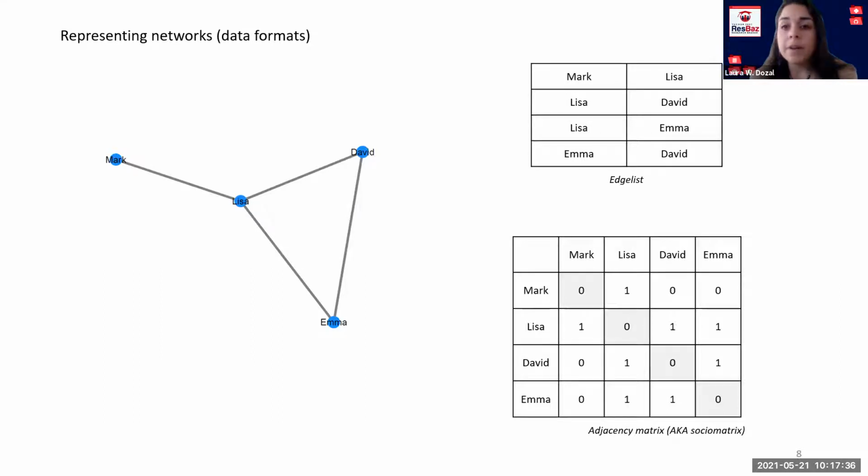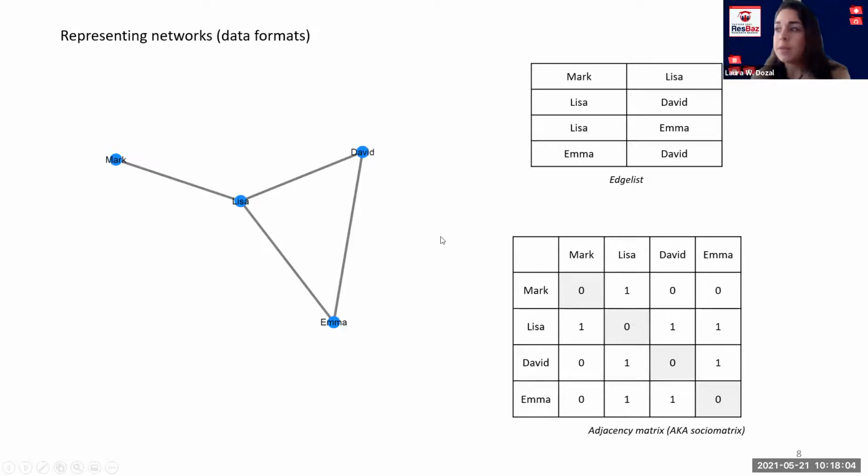And so we have two forms of data that we can look at and work with. First is our edge list. So this is up here. And we're looking at essentially who is connected to whom. So Mark and Lisa. Lisa is connected to David. Lisa is connected to Emma, and Emma's connected to David, within this graph.